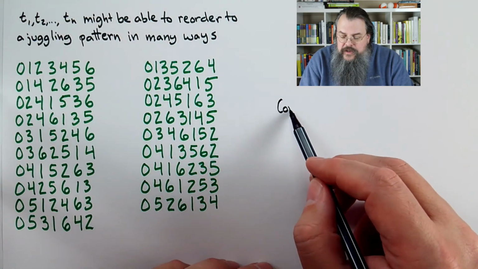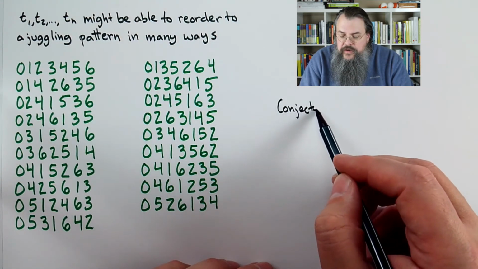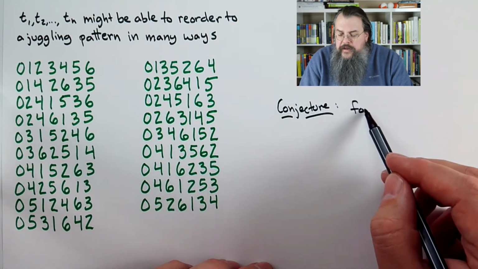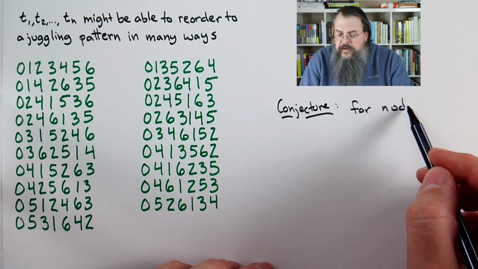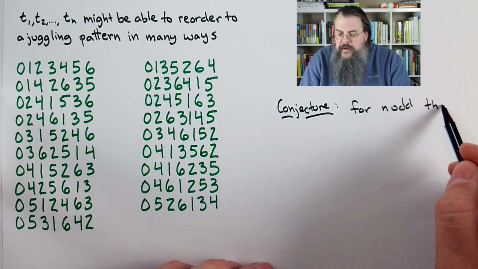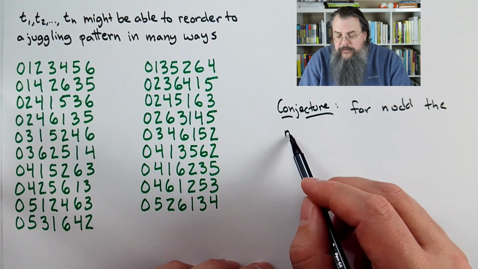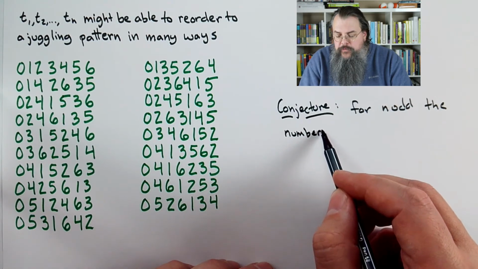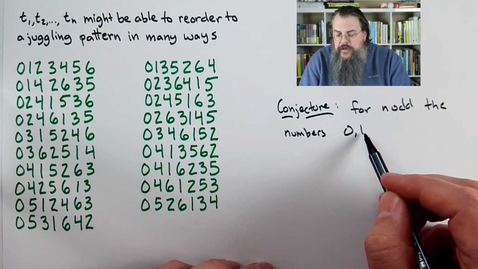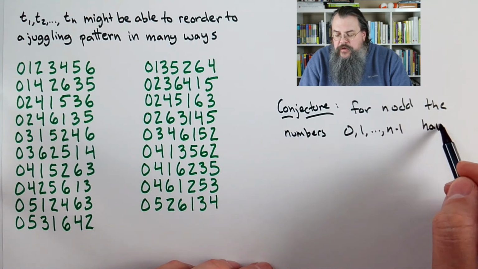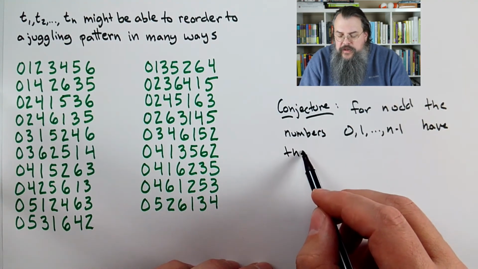Well, the conjecture, what we believe is true, is that for n odd, the numbers 0, 1, all the way up to n-1 have the most ways to rearrange.